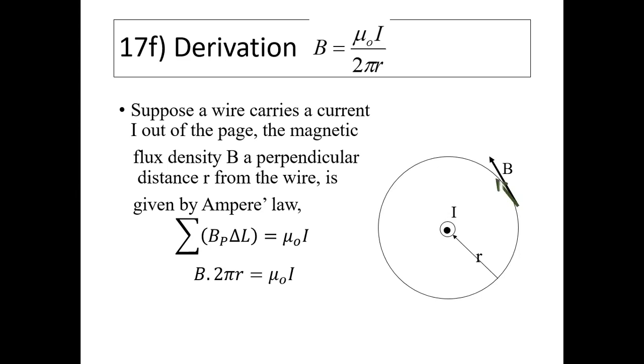That's your B, so at that point there it is a tangent. You want it in the same direction, so you have to resolve it parallel to the small length delta L. Then you cross multiply, take your 2 pi r to the other side, that's how you get that.